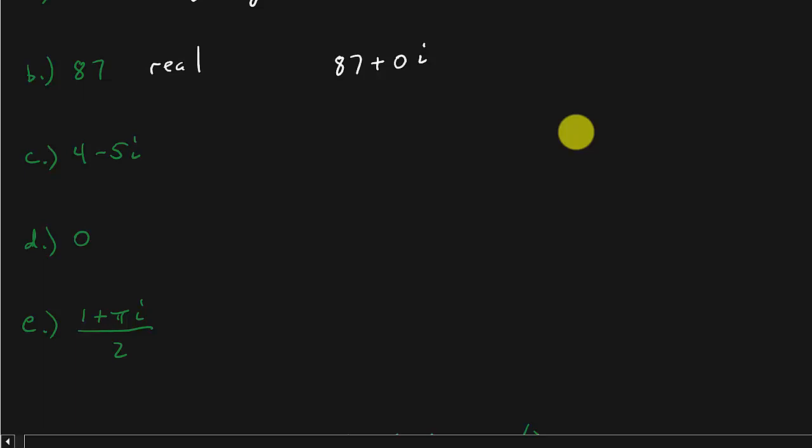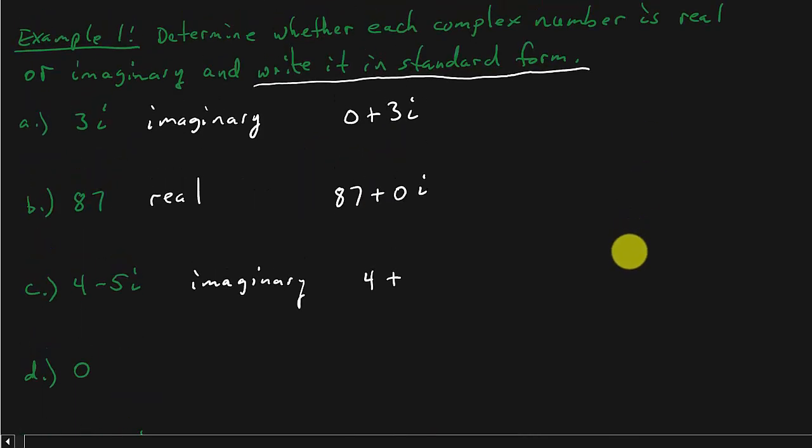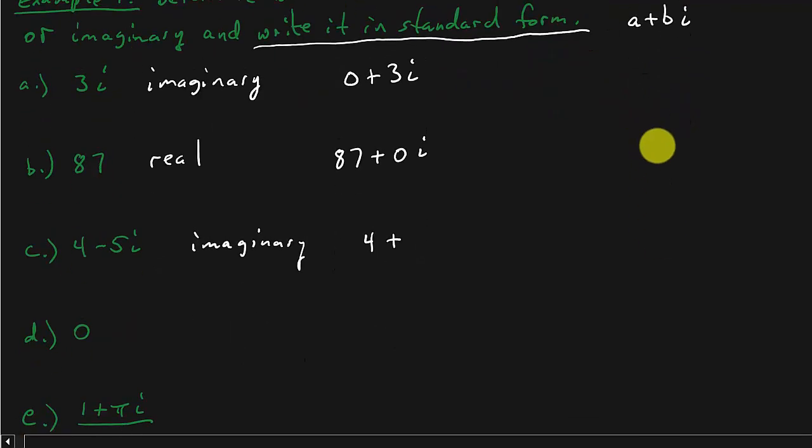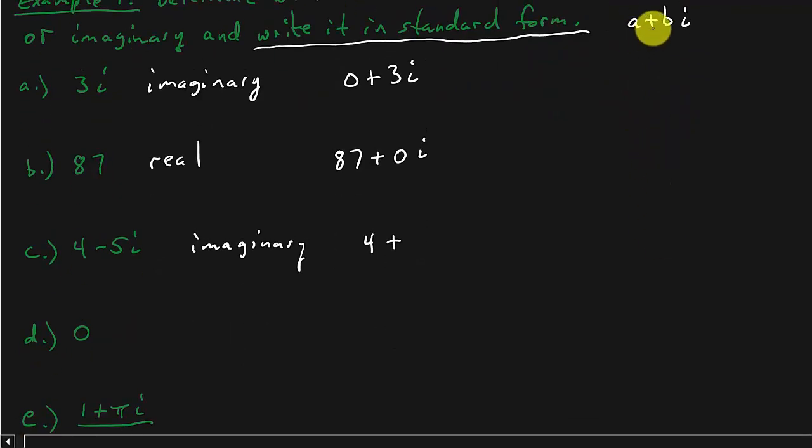All right, let's look at this one. 4 minus 5i. Well, we can see this would be imaginary. And to write it in standard form, we would write what? 4. Let me write that down again. And notice when you have this, there's a plus sign there.